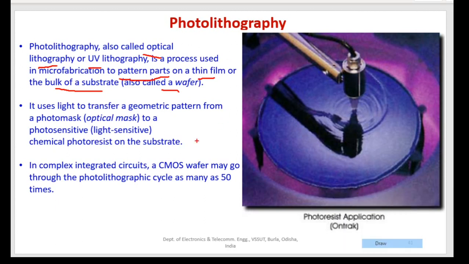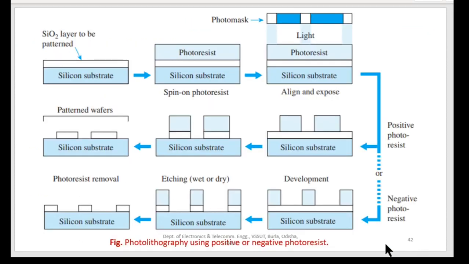Okay, so how it is done actually is shown here in the next slide. Look at this. This shows the process of photolithography. First we will concentrate on the upper two parts, the positive photoresist.